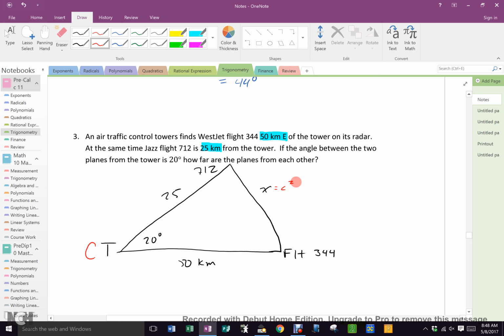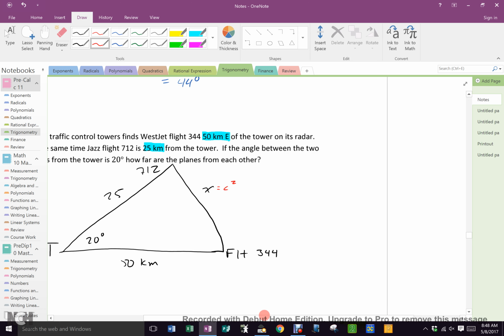And now can you solve this? By doing what? Putting it into the equation and using your calculator. What's the law? c squared equals, what are the other two? 25 squared plus 50 squared minus 2 times 25 times 50 times cos 20.